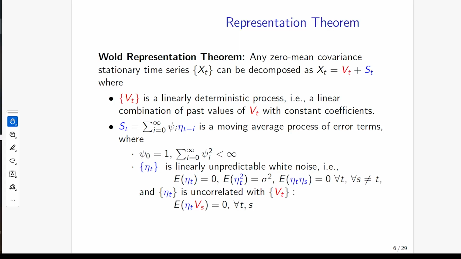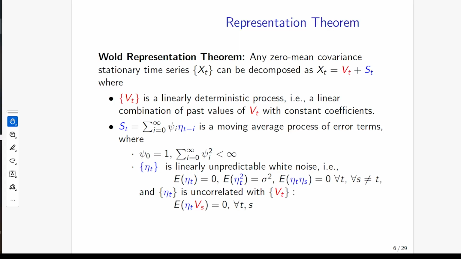For stationary processes that are covariance stationary, any covariance stationary process can be decomposed into a V_t process, which is linearly deterministic, meaning basically that the current value V_t is a linear combination of past values, and S_t is a moving average process, where we have these eta_t's, which are white noise, and our S_t process is just a weighted sum of those white noise terms.